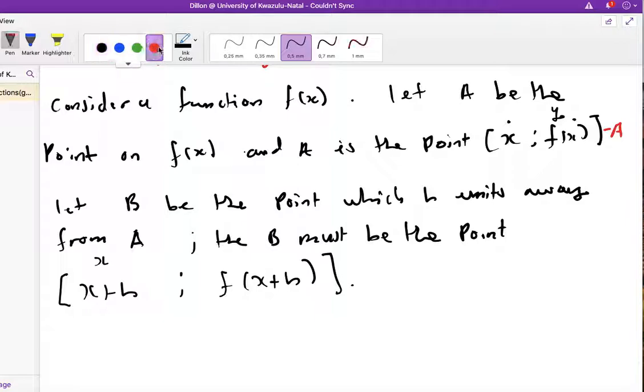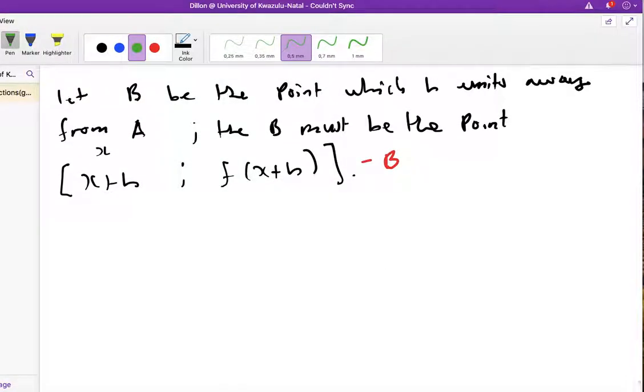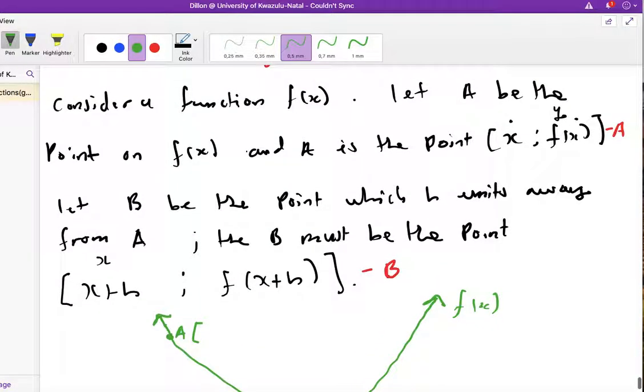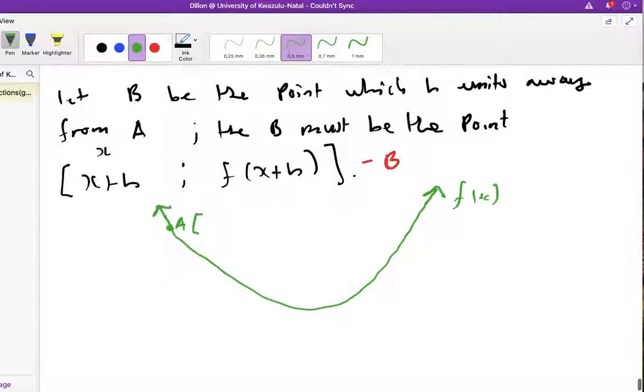So let's get a little diagram going here. This refers to point B. We will draw our function, this is your function f of x, and let's suppose that this is the point A, x with corresponding function value f of x.